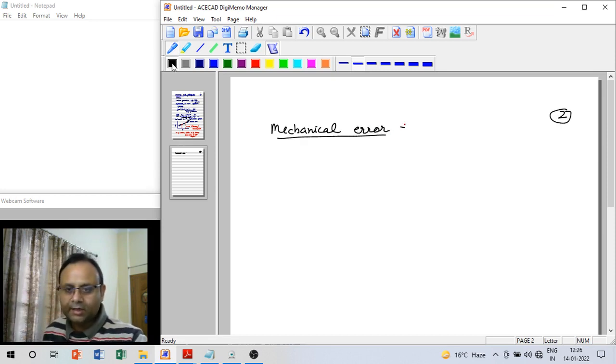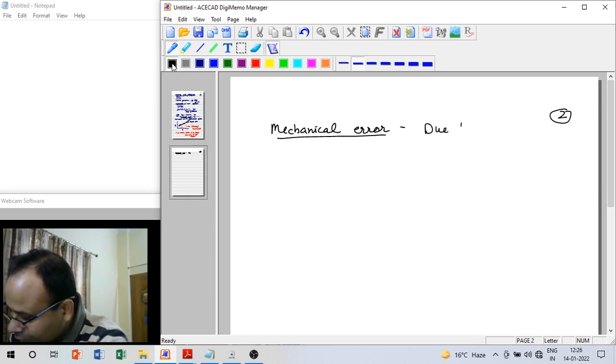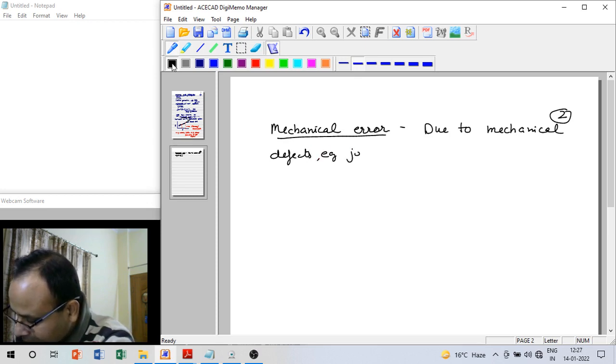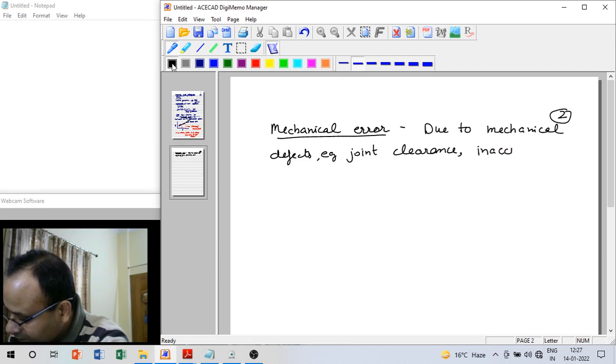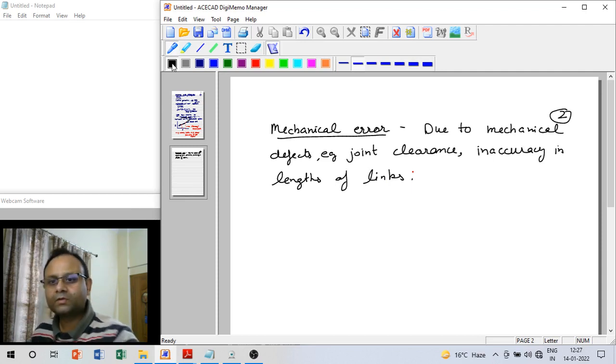This is not inherent due to synthesis as such, but this error is due to mechanical defects, for example joint clearance, inaccuracy in lengths of links. Due to those reasons we get mechanical error.